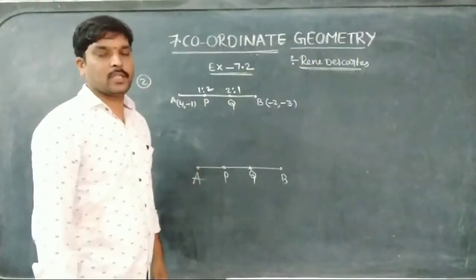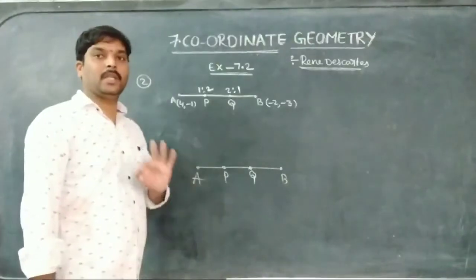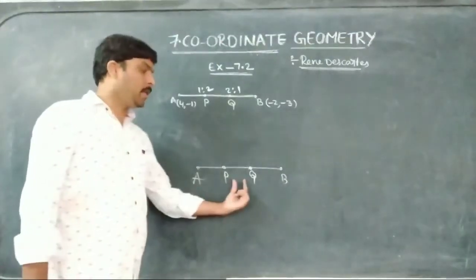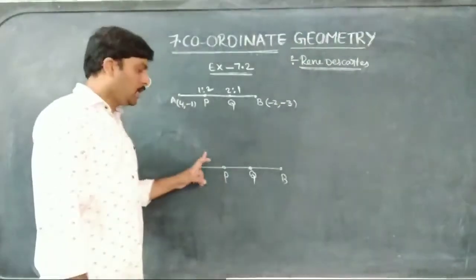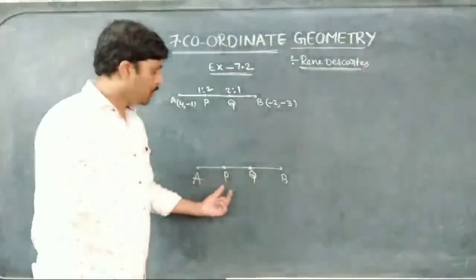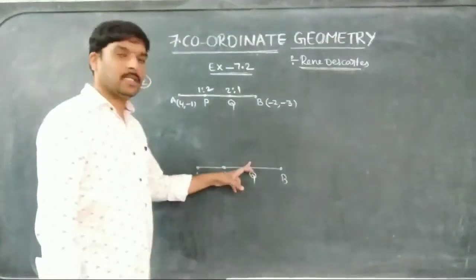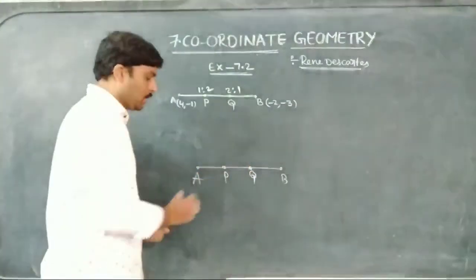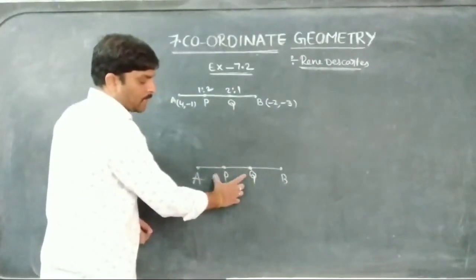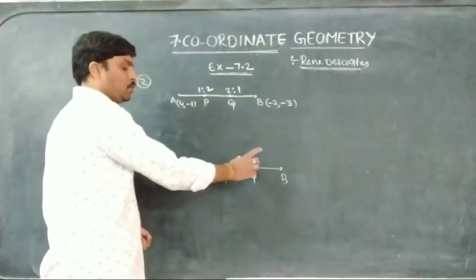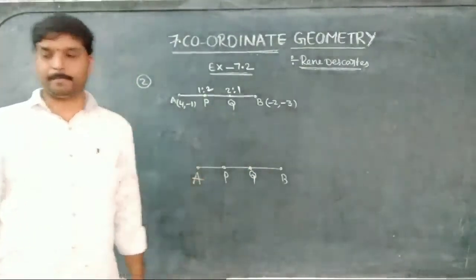Points of trisection means the points which divide the line segment into three equal parts: AP, PQ, QB. So P divides in the ratio 1:2 and Q divides in the ratio 2:1. Here one part, two parts; there two parts, here one part. So 1:2 and 2:1, that is points of trisection.